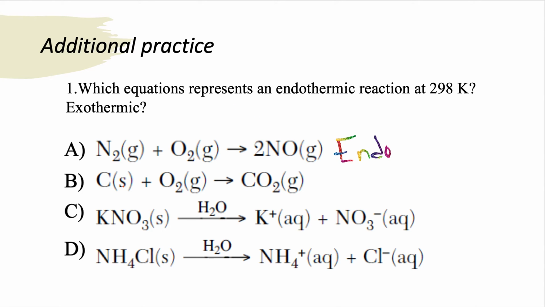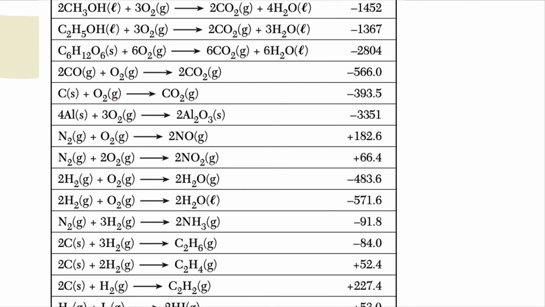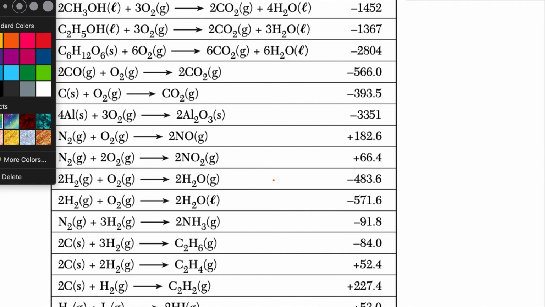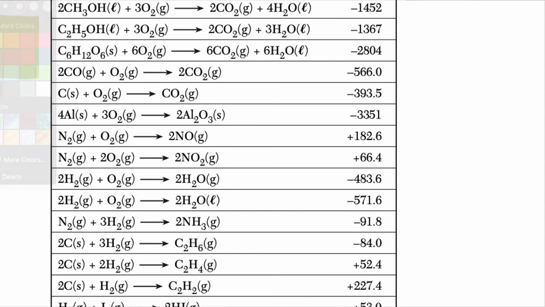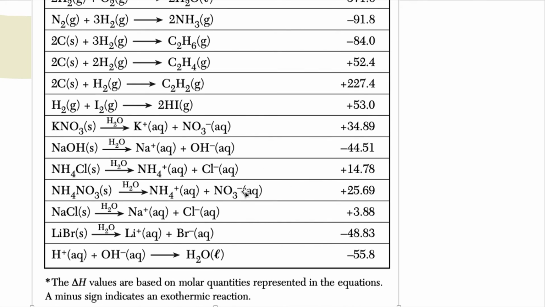The next one is carbon, oxygen, carbon dioxide. Negative 393. Negative is exothermic. If you ever forget which is endothermic and which is exothermic, scroll down.